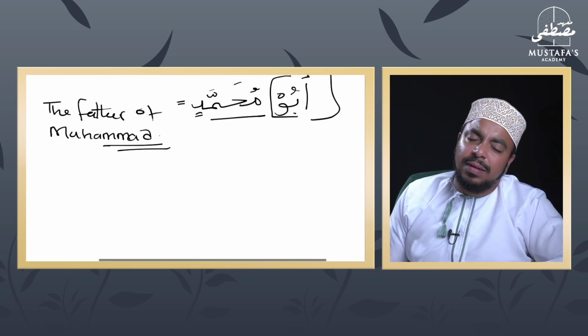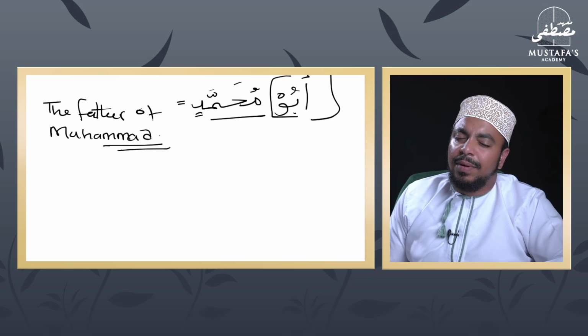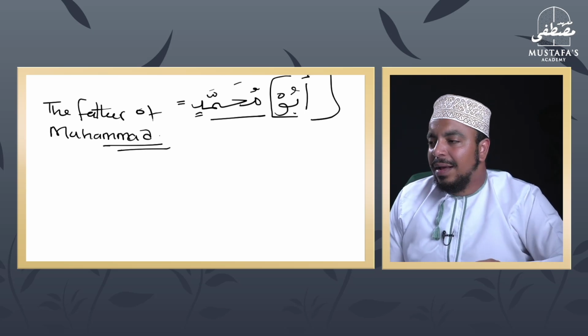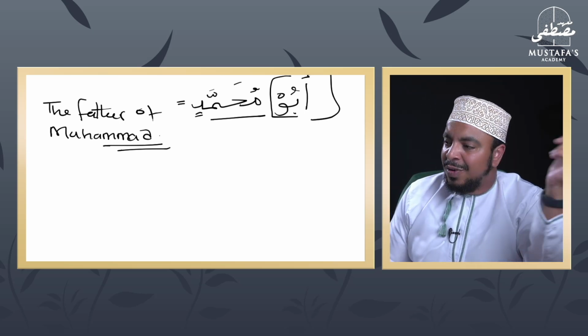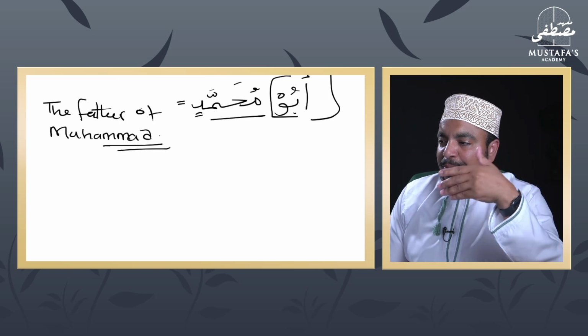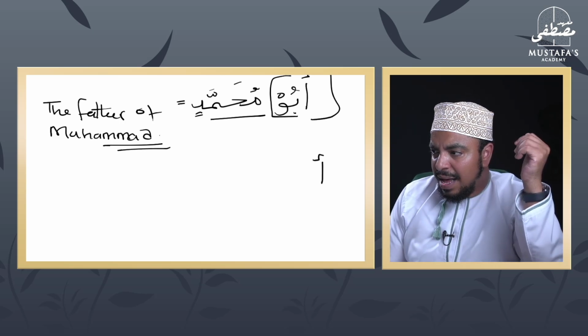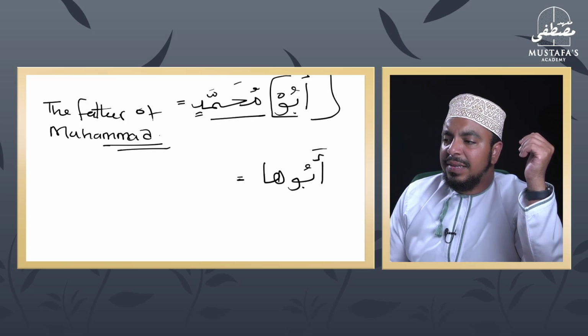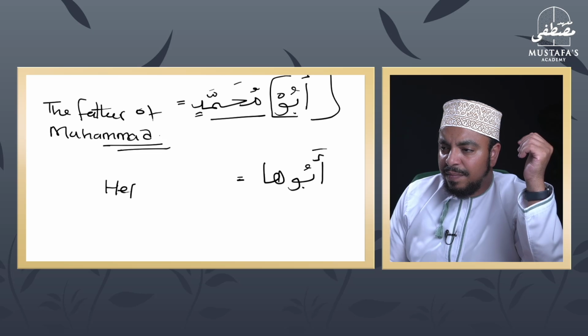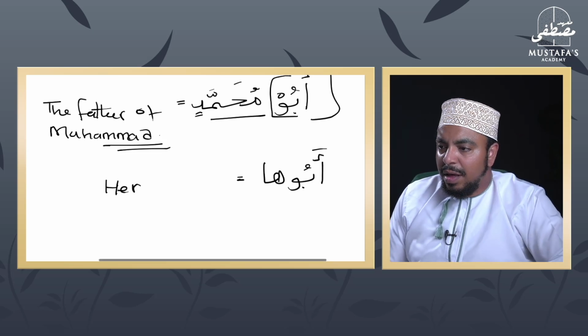قد بلغت عن الغاية عن مجد غايتها. I forgot the actual line. It starts with Inna Abaha wa Aba Abaha, and then it carries on like that. So what do you notice? Look, if I say Abuha, Abuha means her father.